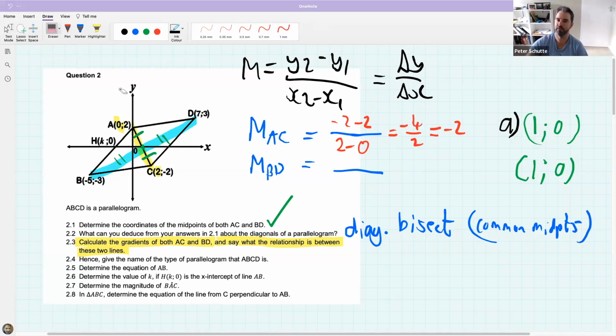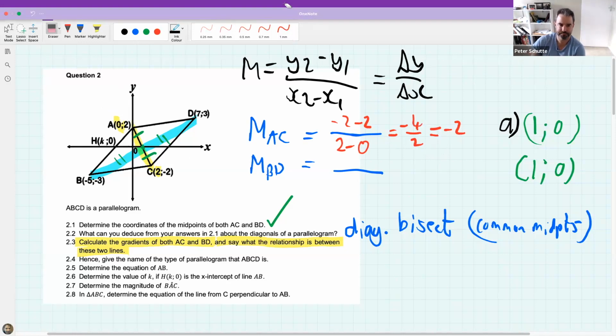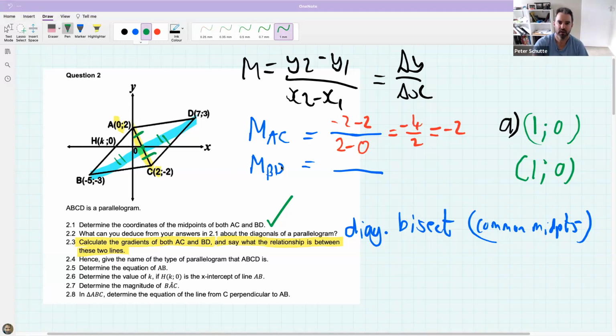What's the gradient of BD? Okay, so BD, let's make sure I get the right things in the right place.